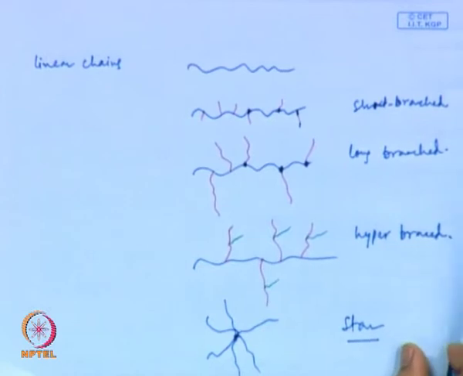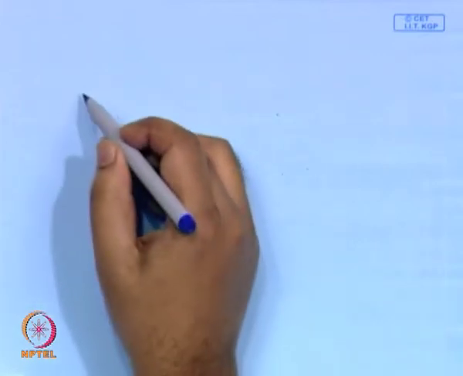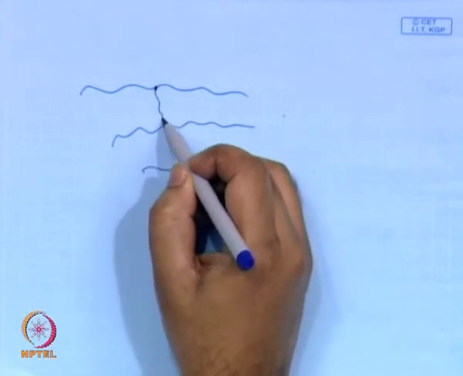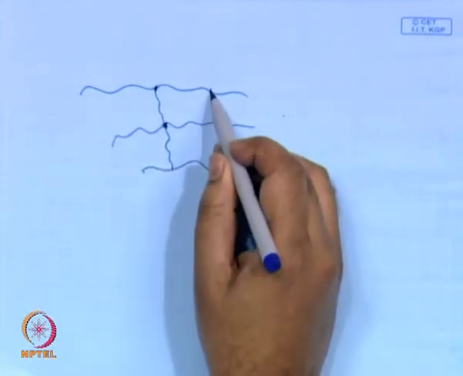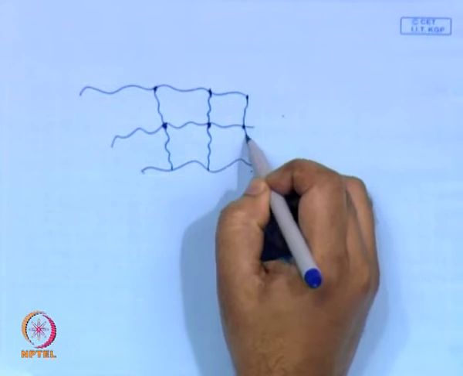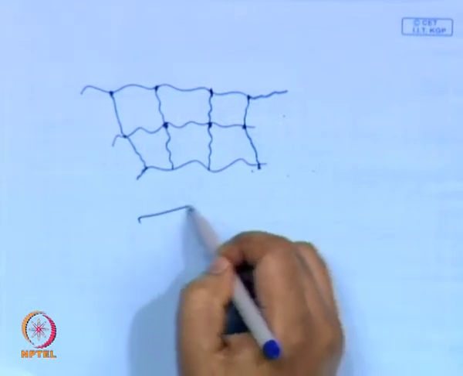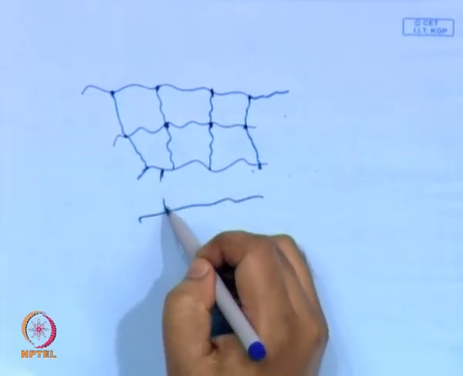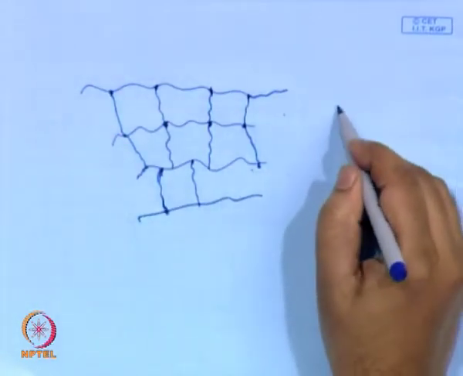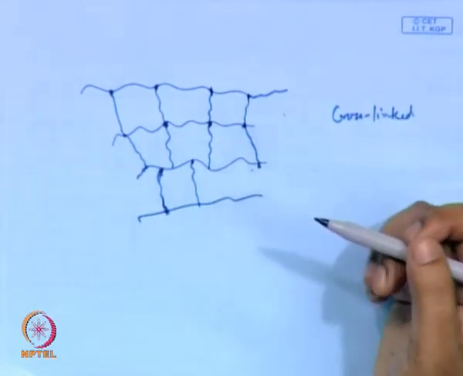Now, you can also have network polymers. For example, if I have different chains in a polymer which are covalently connected, like this, and so on, then this entire polymer is cross linked, so that the individual chains do not exist.